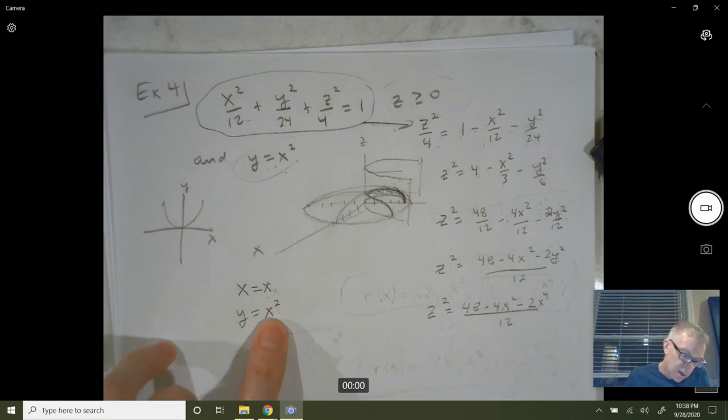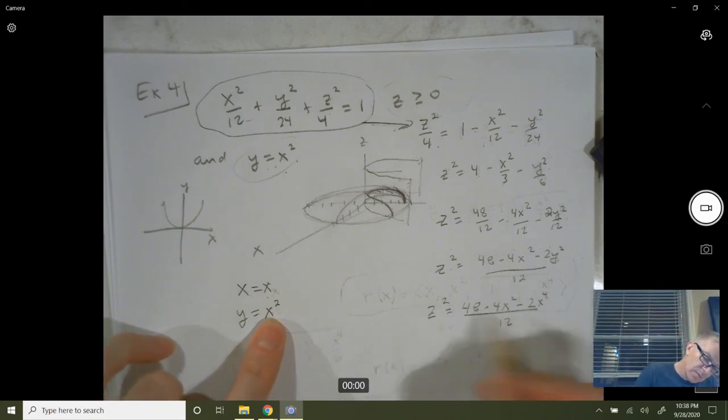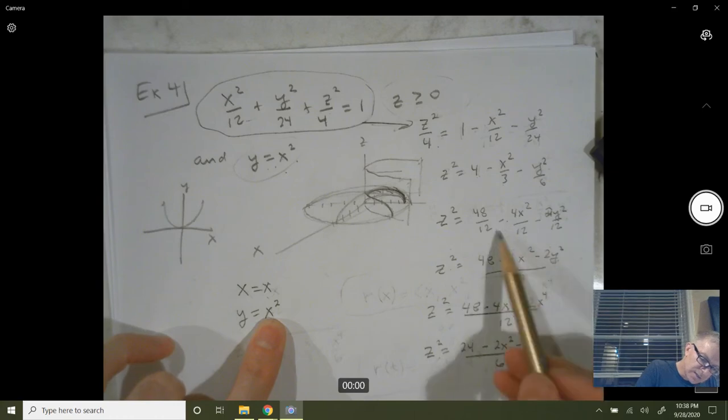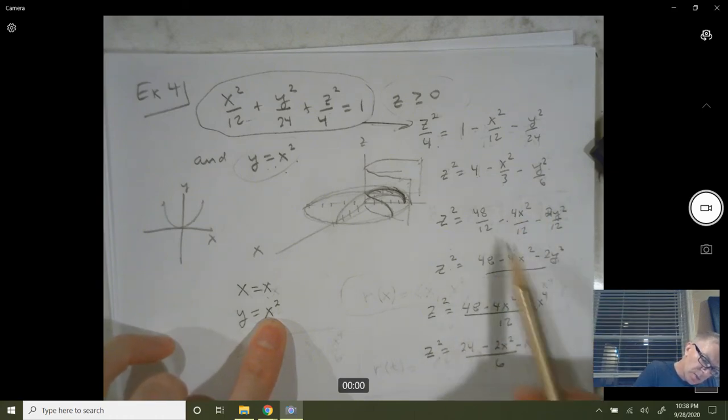And we can reduce this by 2, can't we? So this is now going to be z squared equals 24 minus 2x squared minus x to the 4th over 6.